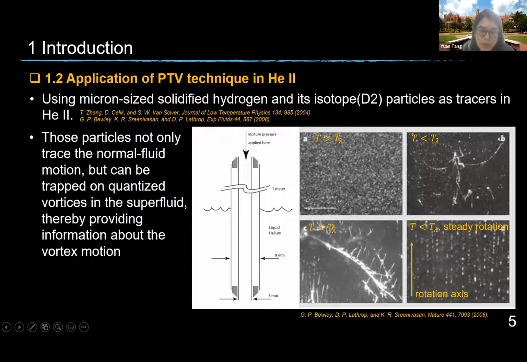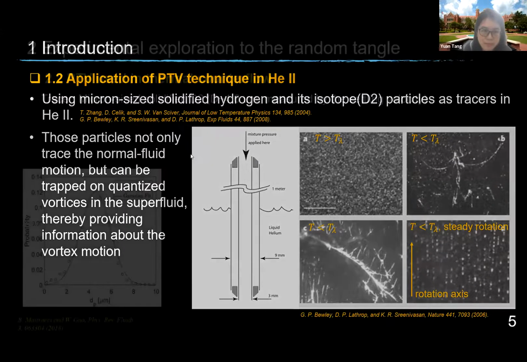It has been proved by this paper that those particles are not only entrained by the viscous normal fluid, but can be trapped on the quantized vortices in the superfluid component. So in principle, by looking at those trapped particles, we can study the motion of quantum vortex lines.